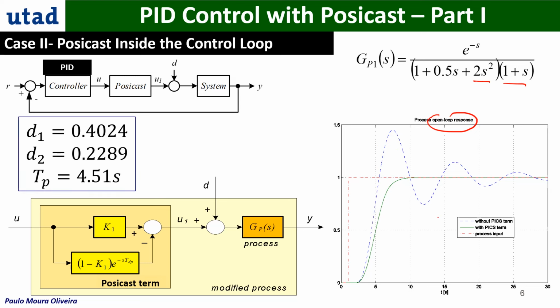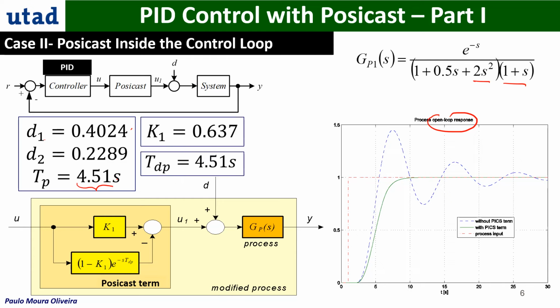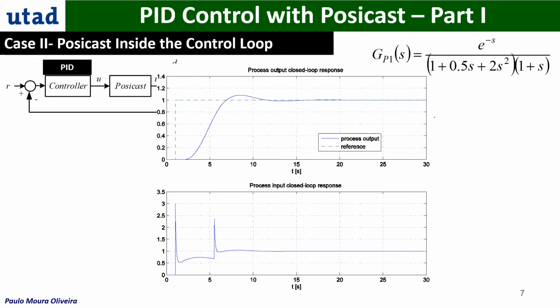Using those heuristic rules that I showed you before, we can estimate D1 and D2 as these ones, and the TP as 4.51 seconds. With these we evaluate K1 and this time delay, and then using the MOMI technique, we can evaluate the PID gains, and with these PID gains we have the response here.